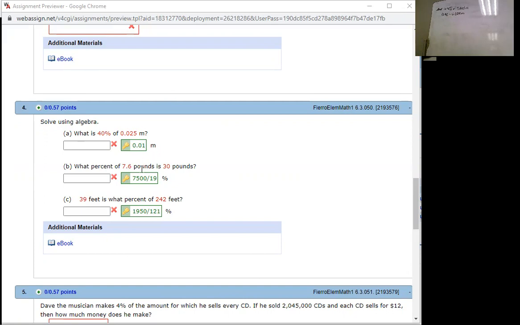Now in the answer, we got the M there. All you have to do there is just do 0.40 times 0.025. Now you just enter that answer there.